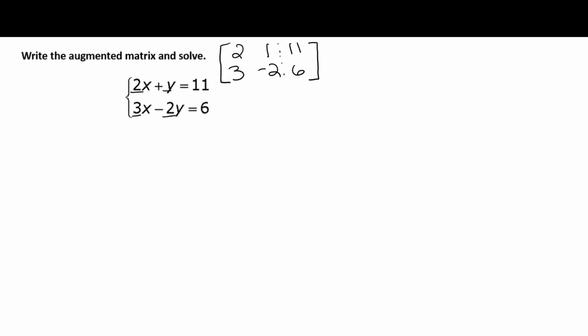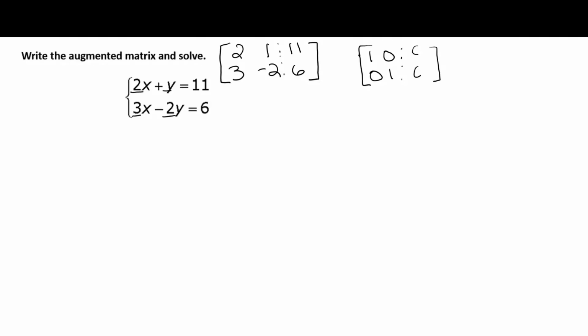All right, now before I can solve, I need to remember what is my goal in solving. So my goal is to get a matrix that has a 1, 0, 0, 1, and then our constants over here.